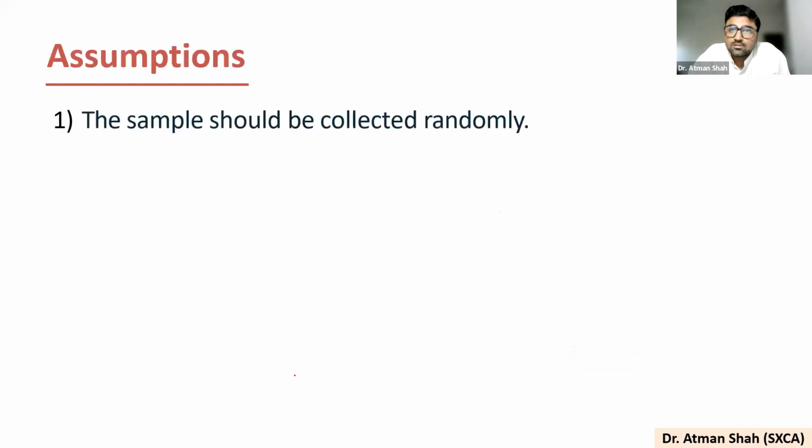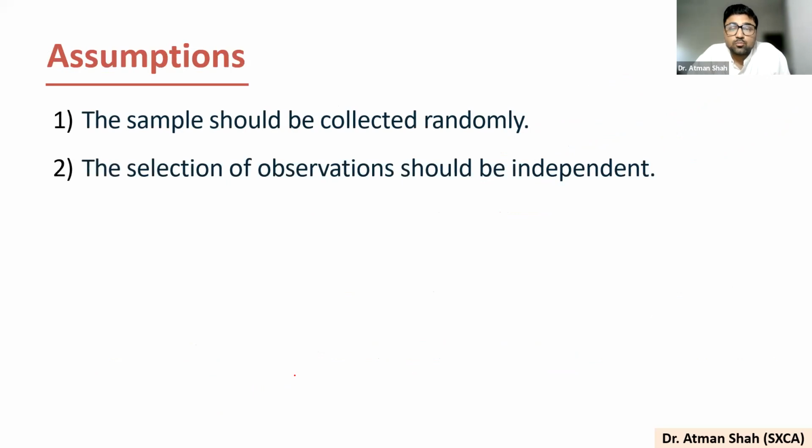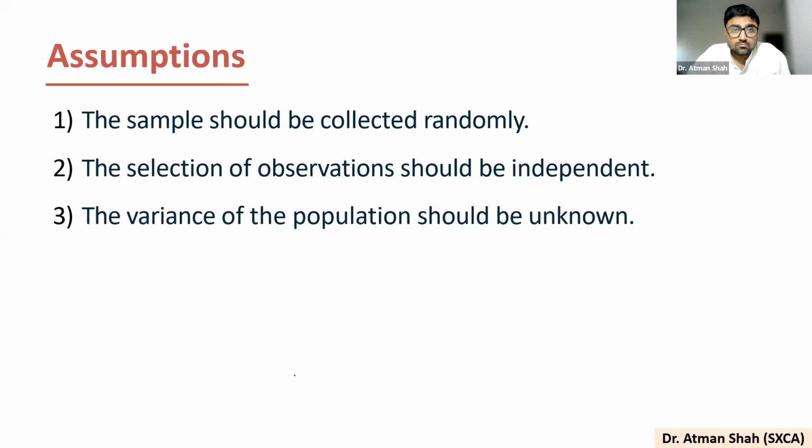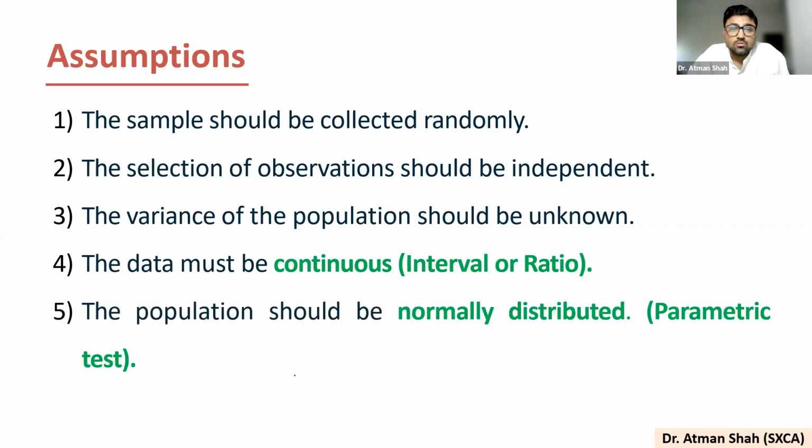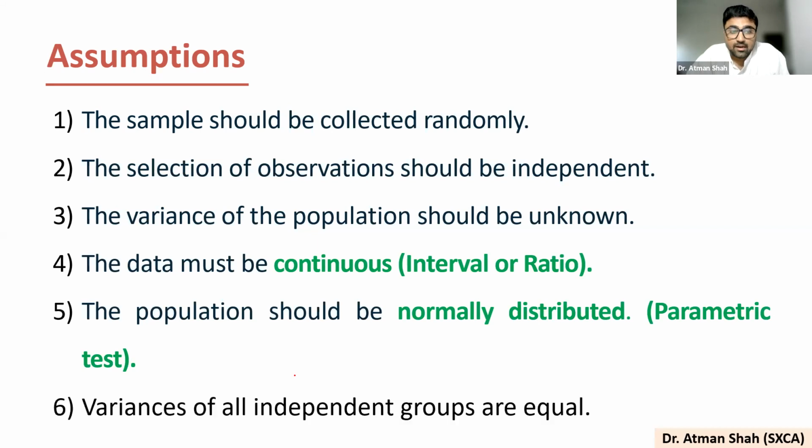Now, what are the assumptions? Sample should be collected randomly. The selection of observations should be independent. We have already discussed these 2 assumptions. The variance of the population should be unknown. Data must be continuous, interval or ratio. The population should be normally distributed, and therefore it's a parametric test.